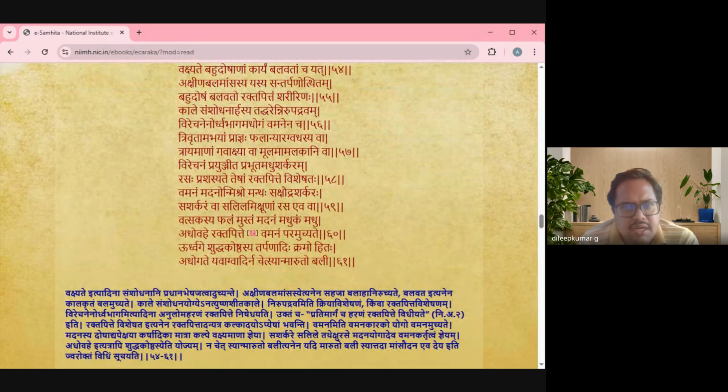When there is no Kshina Balamamsa, the person is slightly fit and Santarpanotthita Raktapitta is there, Bahudosha is there, the patient is Balavan, and it is Kala for Samshodhana, then you can go for Shodhana. That is Virechana for Urdhva Bhaga Raktapitta and Vamana for Adhoga Raktapitta.